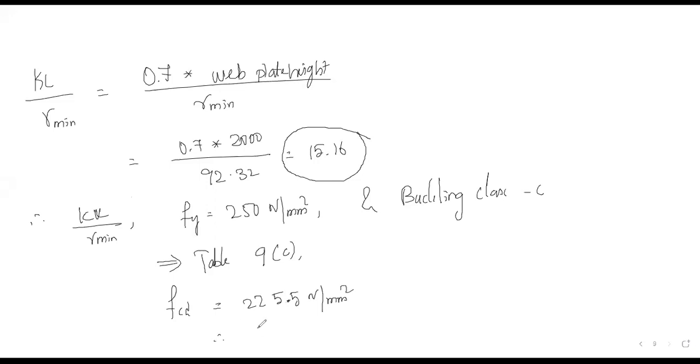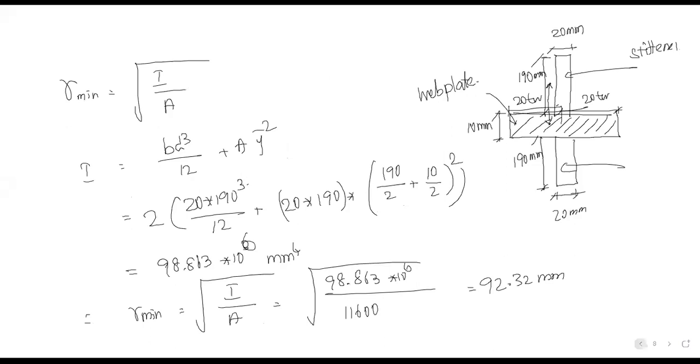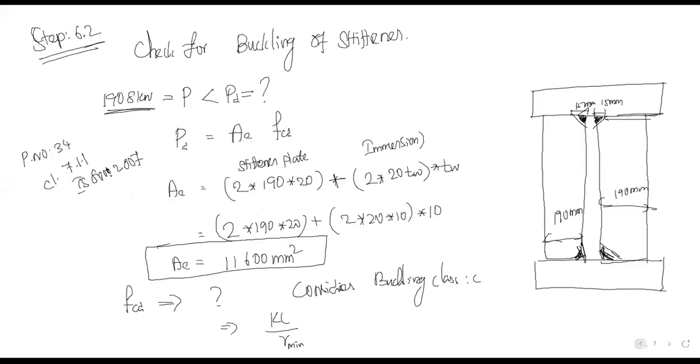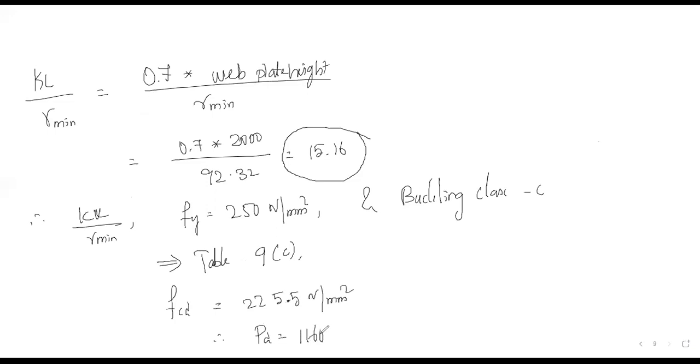Therefore, the design strength PD is equal to AE into FCD. The AE value is 11,600 into the FCD value 225.5. It becomes 2615.8 kilonewton, which is greater than our shear force, that is P, 1908 kilonewton.